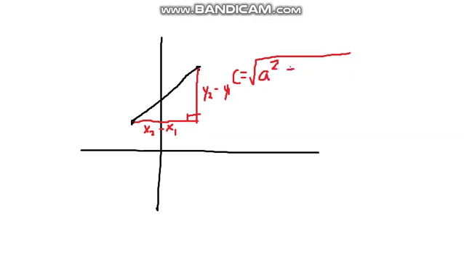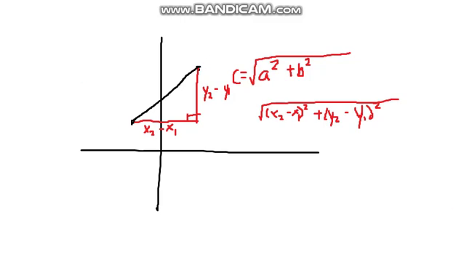A squared plus b squared. So to find the distance between this point and this point, you've just got x2 minus x1, squared, plus y2 minus y1, squared, and then you take the square root to find the distance between the 2 points.